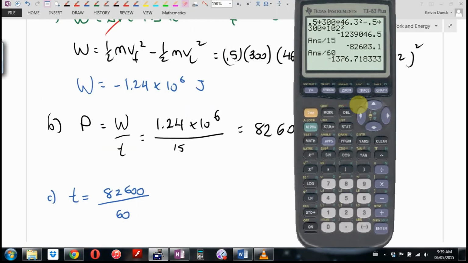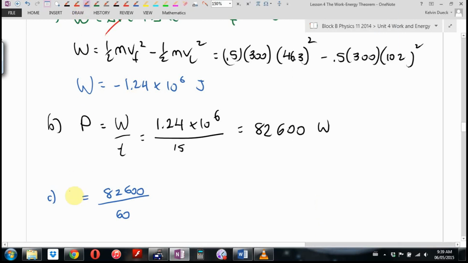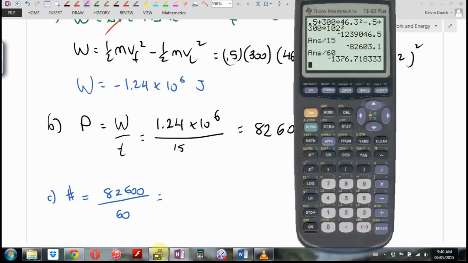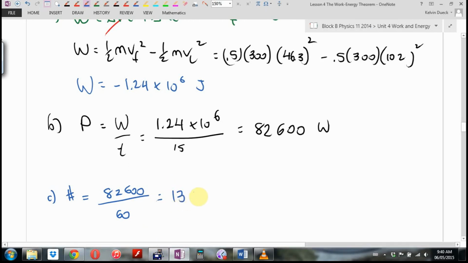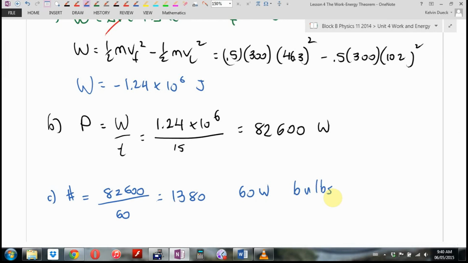Instead of T, let's call it a number sign. I could light, well, 1,380 60-watt bulbs. There's a lot of energy there. That's why the regenerative braking that the hybrids do is pretty cool. May as well use that energy.